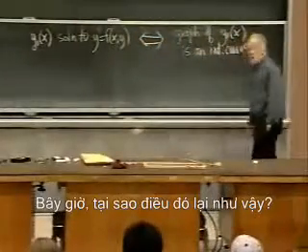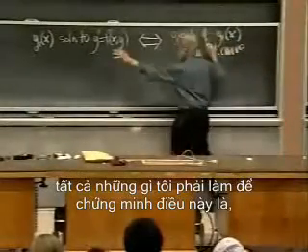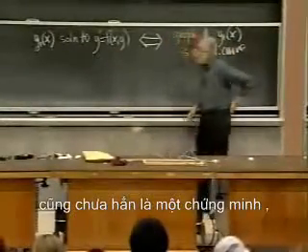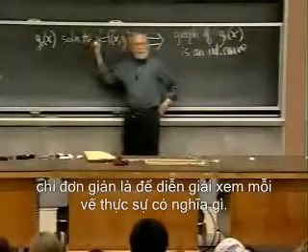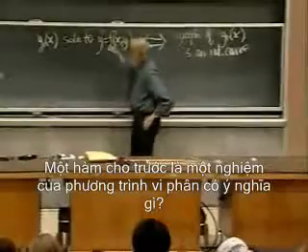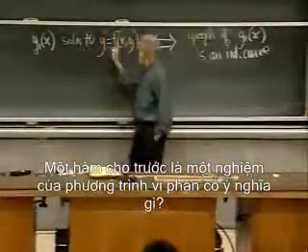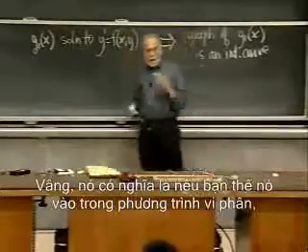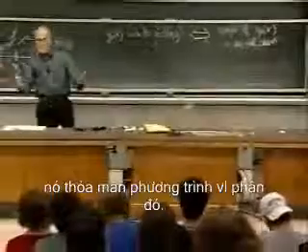Now, why is that so? Well, in fact, all I have to do to prove this, if you can call it a proof at all, is simply to translate what each side really means. What does it really mean to say that a given function is a solution to the differential equation? Well, it means that if you plug it into the differential equation, it satisfies it.